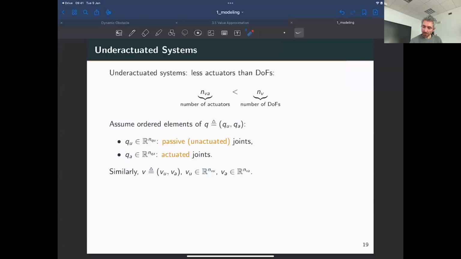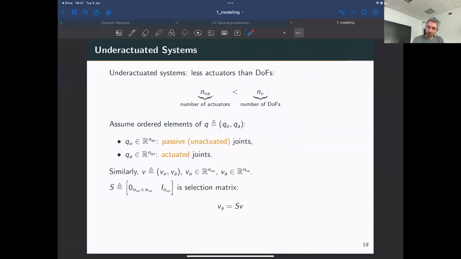And when we have an underactuated system, such as every mobile robot, what we can do is that we can order the degrees of freedom inside Q, so that we have first all the unactuated degrees of freedom, and then all the actuated degrees of freedom. And we can label them QU and QA. We can do the same thing for the velocity. So we have VU and VA.